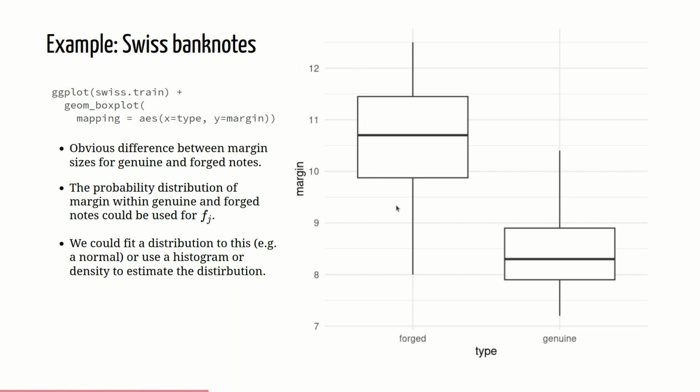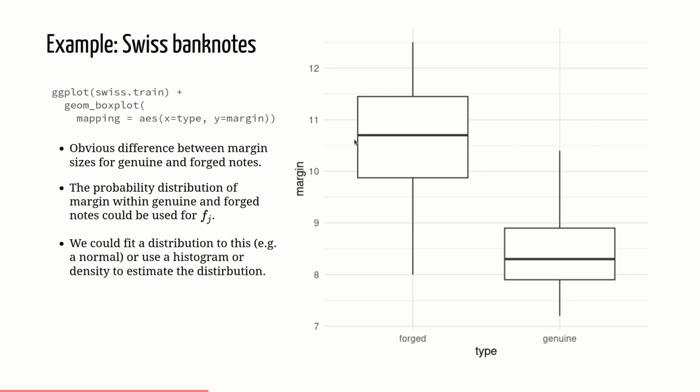Instead of having a dividing line just through here and assigning to genuine if it's below, say, 9.5, and assigning to forged if it's above 9.5, what we're going to do, because we know that forged notes are really rare, is shift that line up, right? And so we're going to make it say maybe at 10.5, right?